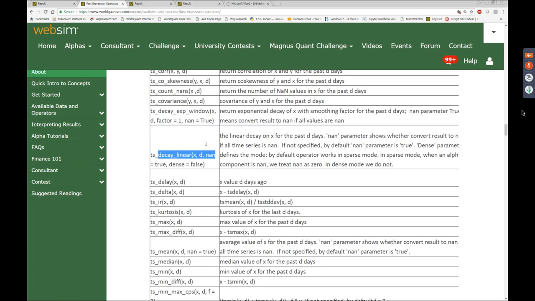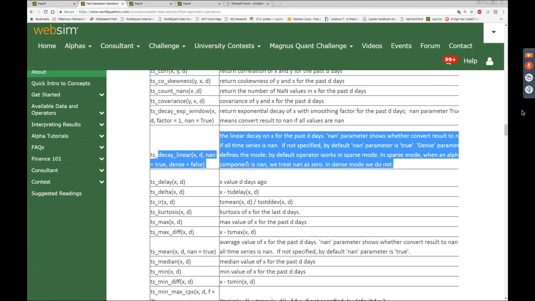Okay. A related operator is TS decay linear. It does something similar. It's also a weighted average of the past D days, but instead of equal weights like the TS mean, or an exponential decay of the weights, the weights decrease linearly.